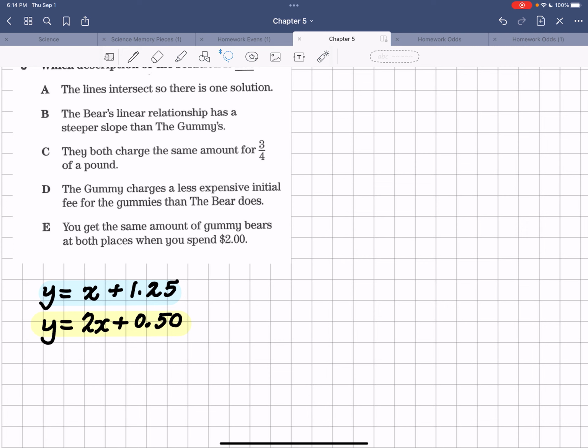Now let's extend what we know here. For this one, we know that the slope is positive 1 and that the y-intercept is 0, 1.25. For this one, the slope is 2 and the y-intercept is 0, 50 cents, or let's say 0.50.